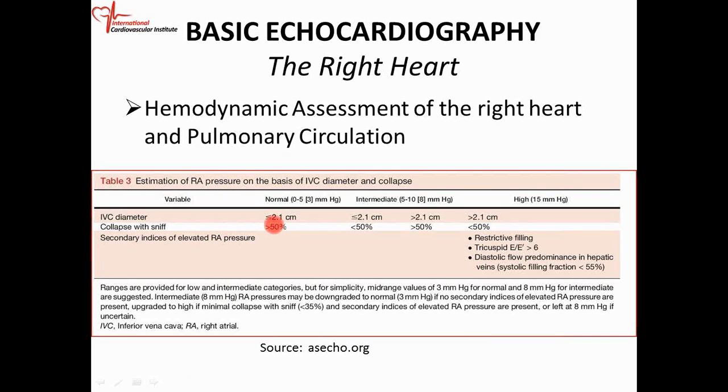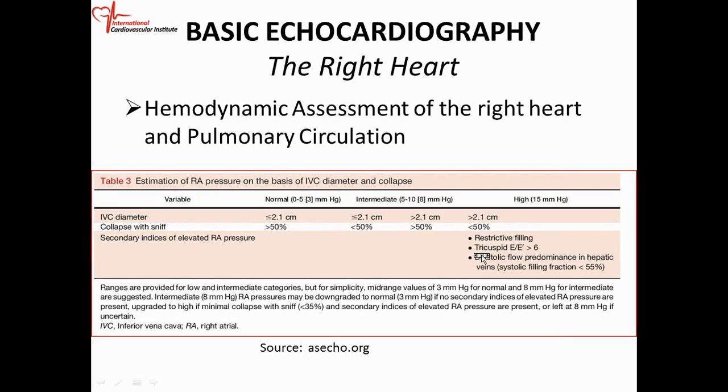And then this table just goes over it. The normal is less than or equal to 2.1, and then you're going to get more than 50% collapse with sniff or inspiratory collapse. That's normal, so you're going to have an average of 3. And then the extreme is if it's more than 2.1 centimeters with less than 50% inspiratory collapse.